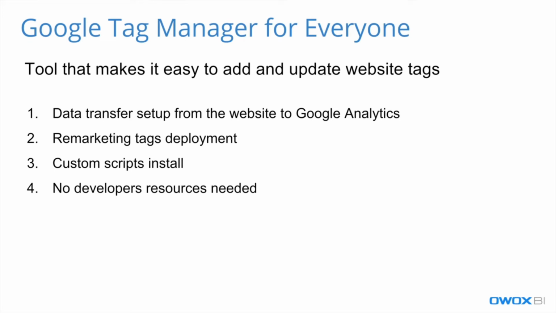So this is really a solution that helps you to make everything just without any external help, just by yourself or with the help of your team, not the developers team. So it gives you the ability to make changes fast. You don't need to wait for several weeks for the IT department to start working on the deployment of the tags that you need. You can just do it within several minutes.